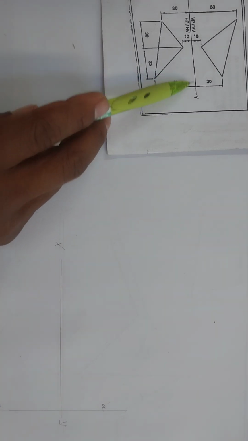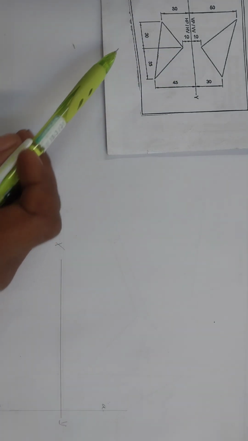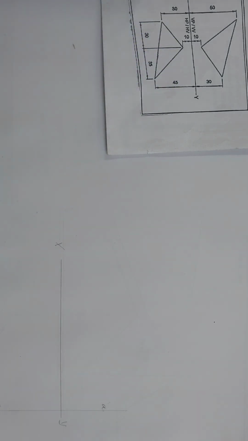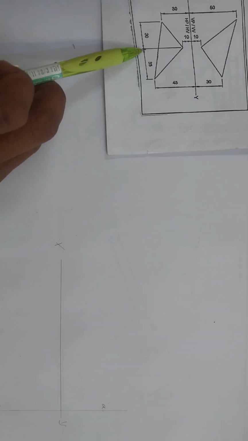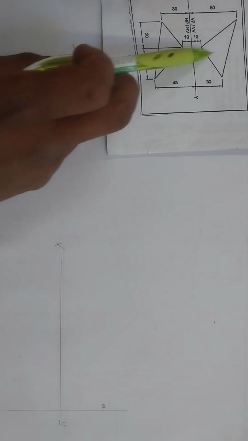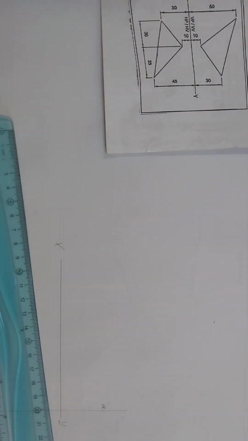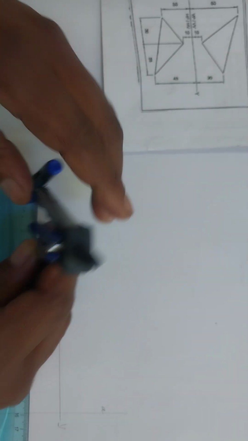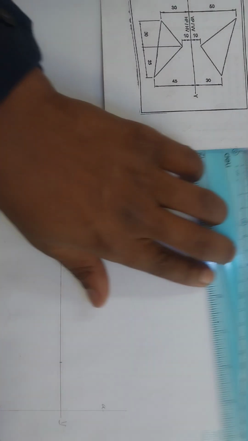Then we continue to get this point here. We're going to measure 35. You see, from this point going in here is 35. So to get this point here, we're going to measure 35. That's 35.